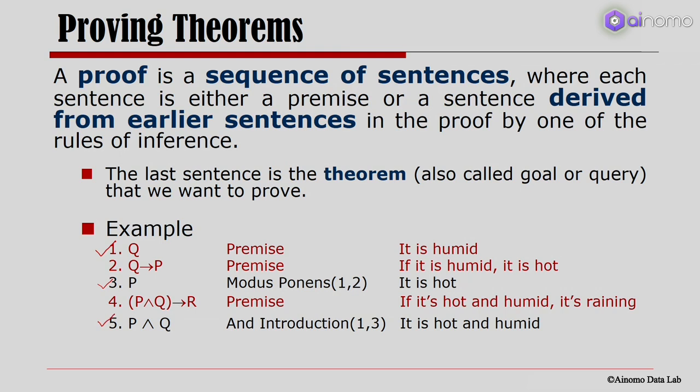Given 4 and 5, I can now conclude that it's raining. So in this example, I have the propositional formulas in red as my premise, and in black the sentences that have been derived either from earlier sentences or from the premise itself. And finally, I have a theorem that it's raining.